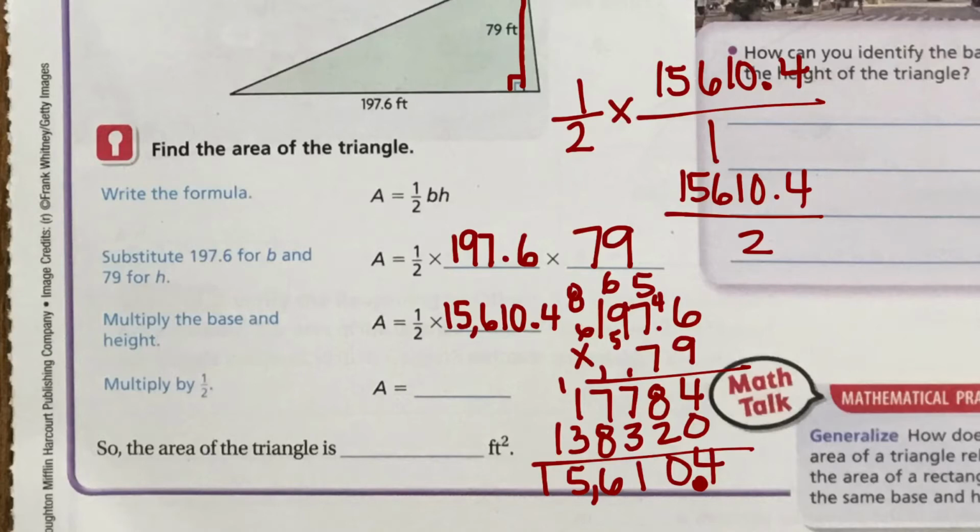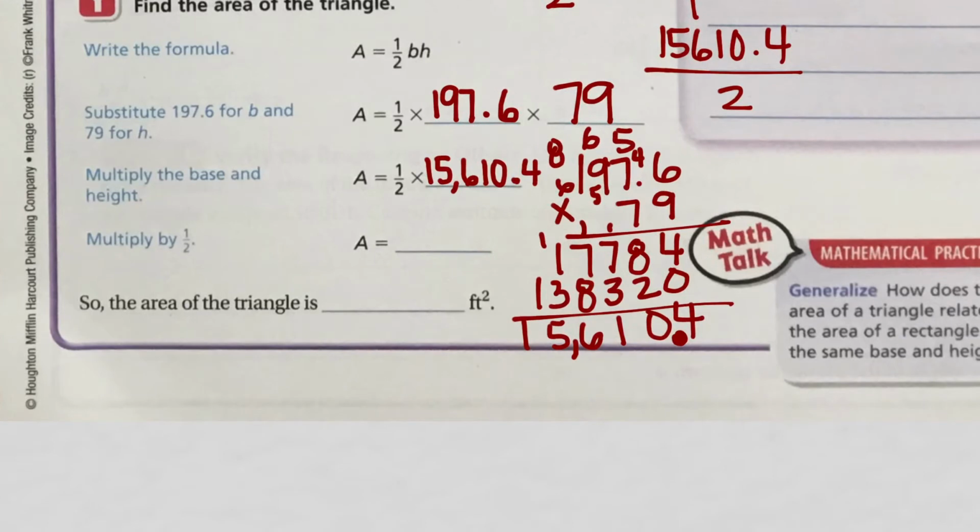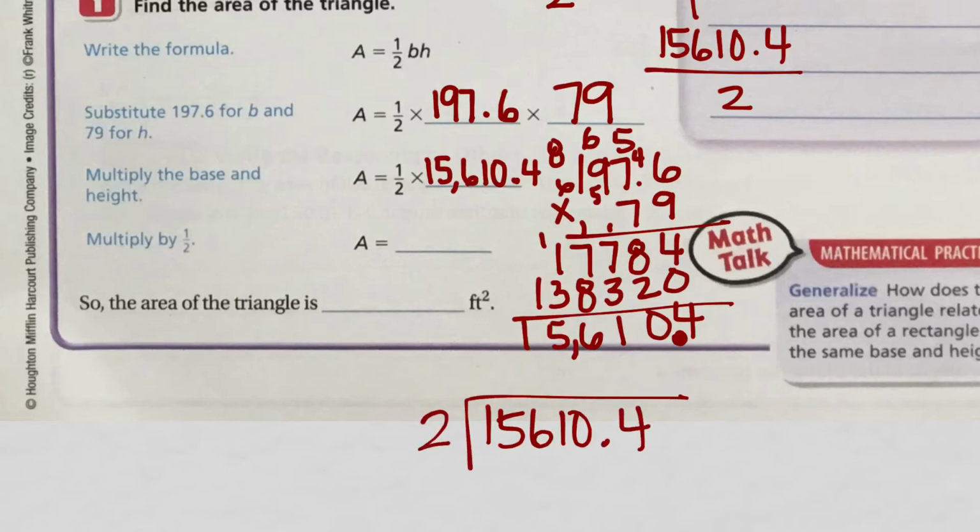So let's do that. Let me see if I have a little bit extra room. So I'm going to say 15,610.4. I'm going to divide that by 2. So 2 goes into 15 how many times? I get 7. I'm going to run out of room. And 2 goes into 16 how many times? I get 8. 2 goes into 1 how many times? 0.